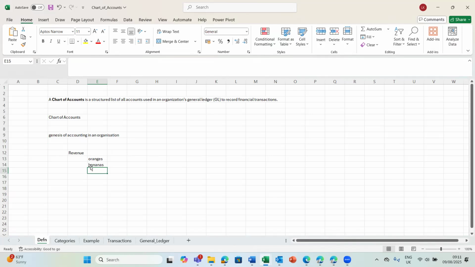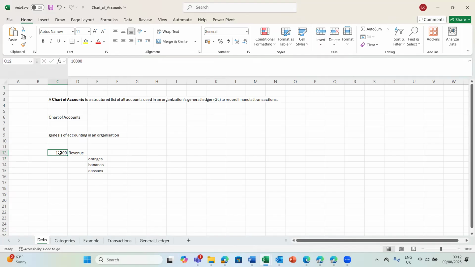You sell oranges, you sell bananas, you sell cassava. All these three fall under what? Revenue. So if you say I want all accounts under revenue to have, let's say, 10,000 as a code, the accounting system will recognize 10,000 as a code for what?